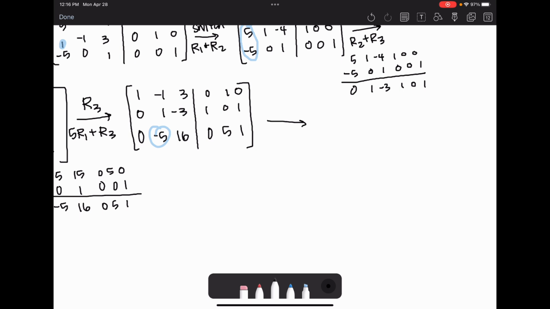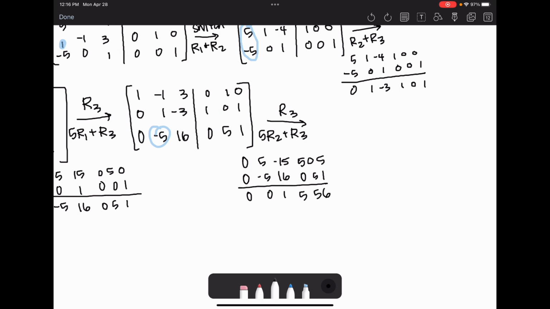Okay, so to change row 3, we're going to do 5 row 2 plus row 3. So that's 0, 5, -15, 5, 0, 5, and then 0, -5, 16, 0, 5, 1. We're going to add those together. So 0, 0, 1, which is super nice that is how that worked out.